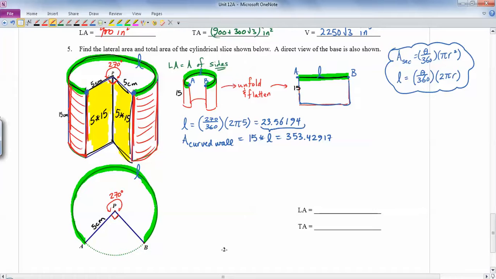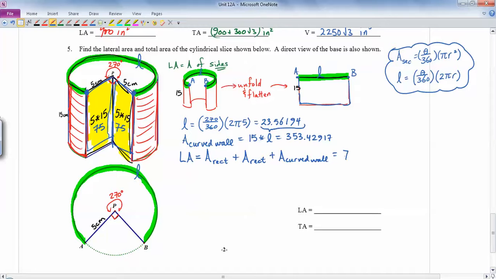And then remember, if I want the total lateral area, I've got to add in these rectangles here, this one and this one. So the lateral area equals the area of the two rectangles plus the area of the curved wall. And then 5 times 15 is 75.